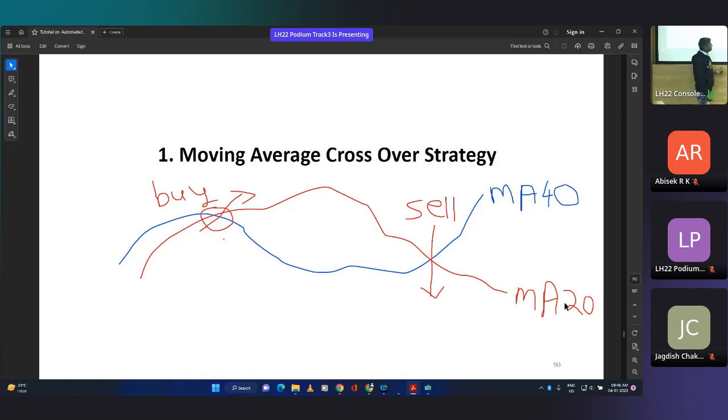Whenever the shorter moving average crosses the larger moving average from top to bottom, at this point the price generally goes down. That is the common belief.